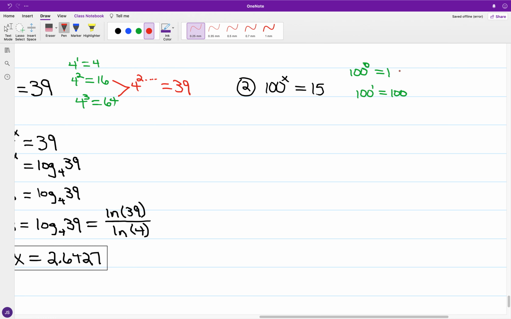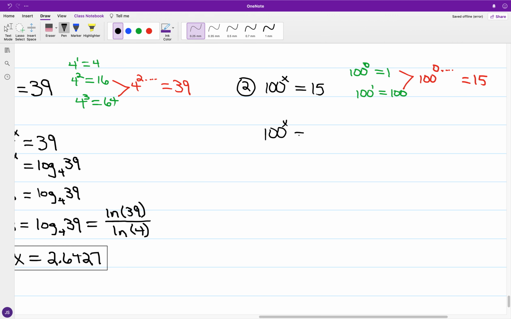So that means you're going to have 100 to a positive number that is less than 1, so it's going to be 0 point something, is equal to 15. So your power of x is going to be like 0 point something.